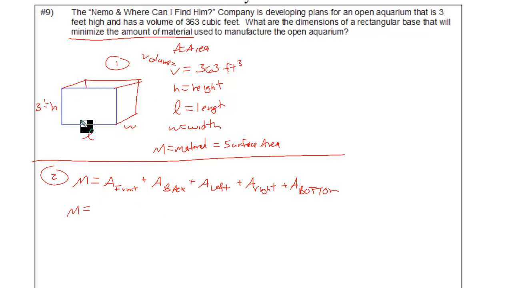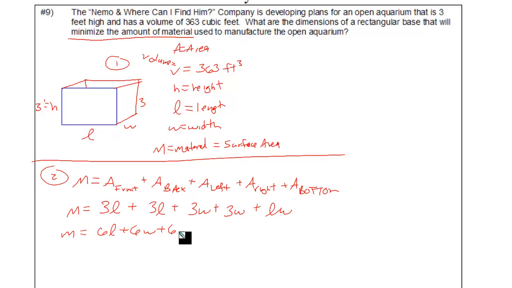The front is L by 3. The back is also L by 3. The left side over here is 3 by W. The right side is also 3 by W. The bottom is L times W. If I simplify this, I get this.